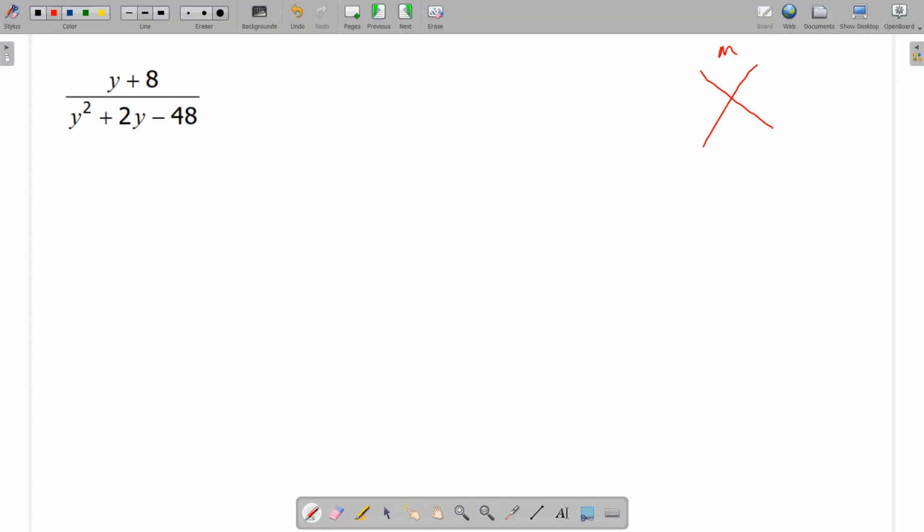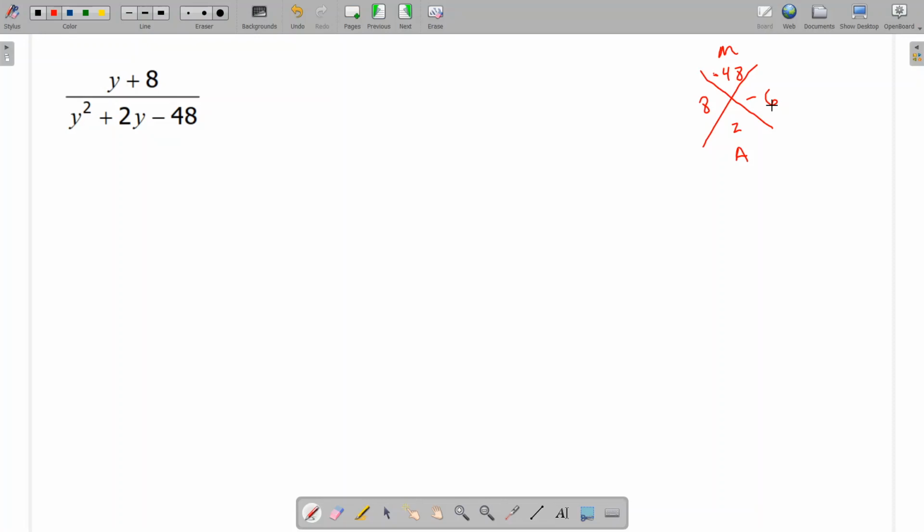Remember, we're looking for two numbers that would multiply to negative 48 and add to 2. So one of my numbers is positive, the other is negative. They need to add to a positive, so that means that of my two numbers, the bigger of the two should be the positive one. So that means 8 and negative 6 are going to be my choices here.